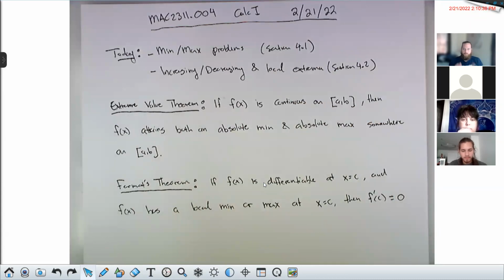So if your function has a smooth graph, specifically smooth at a local min or max, then the only possible value for the derivative at that min or max is 0.